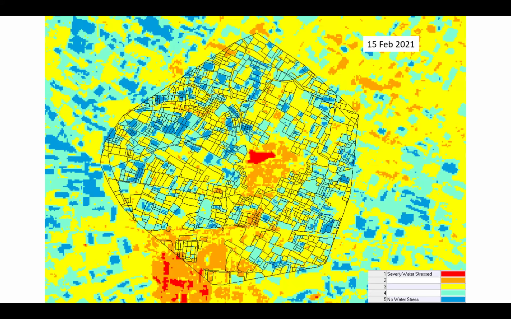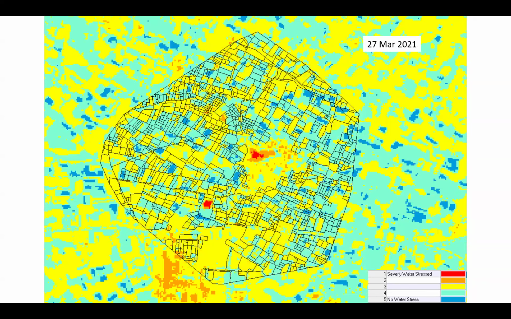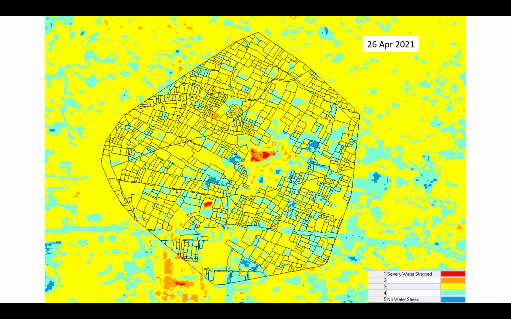Then you do a moisture stress or water stress analysis, and now you know how each and every farm plot is behaving. Here all the blue patches are good patches, and yellow ones are yet to perform.